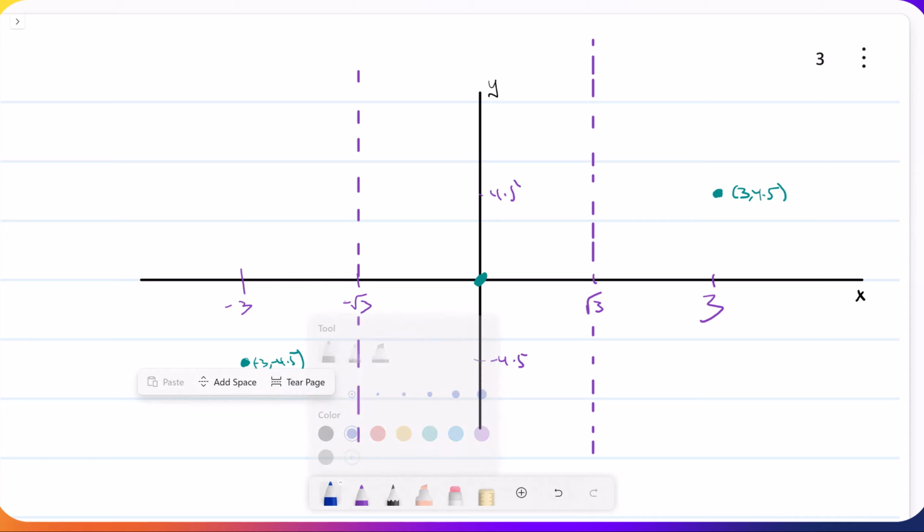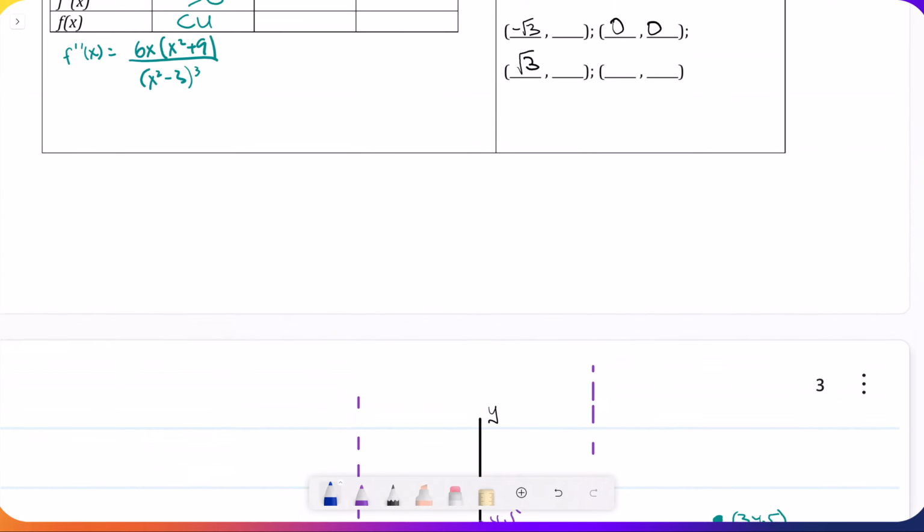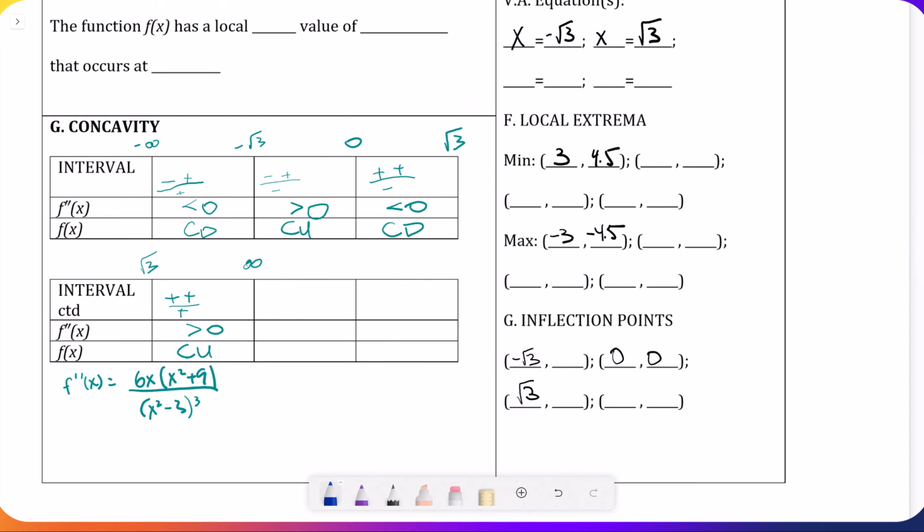Okay, so our sketch will look something like this. Coming this way, like a y equals x. Then we go towards the asymptote. That's my concave down, from negative infinity to negative radical 3.